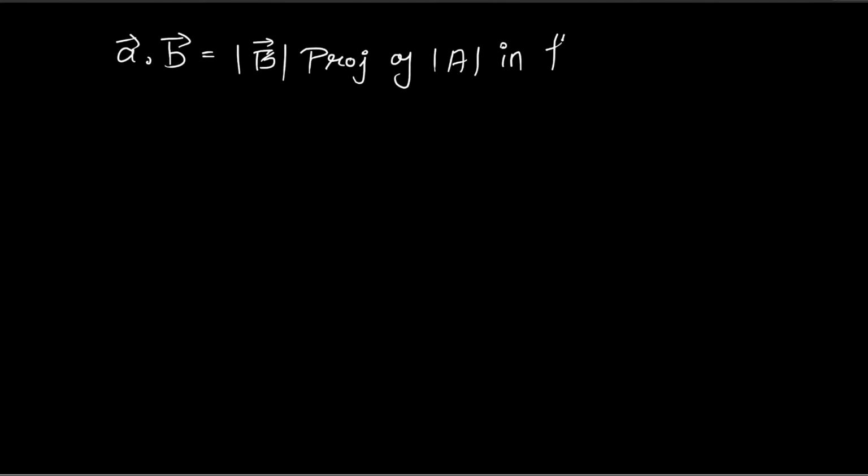It means A vector dot B vector is the magnitude of the B vector times the projection of A in the direction of the B vector.